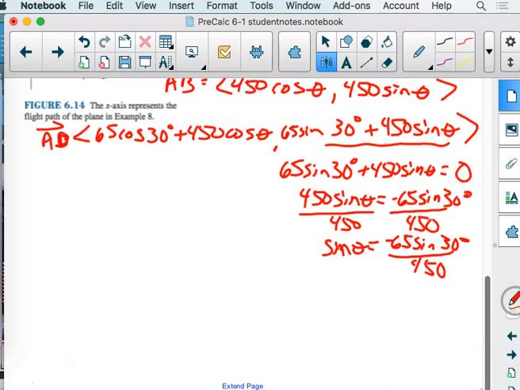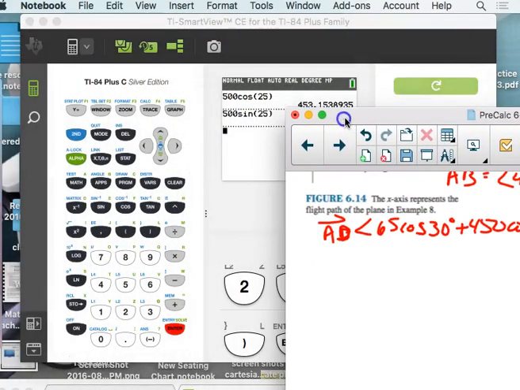Is that enough for us to figure out what theta is? How do we get it? Yes, good, you're remembering that. Good, good, good. We need the inverse sine of all of that mess. So, let me get my calculator working on this.